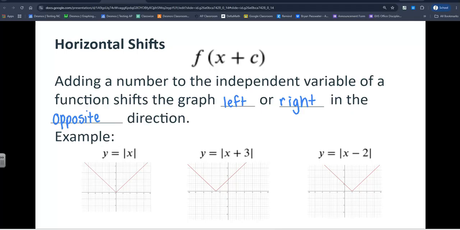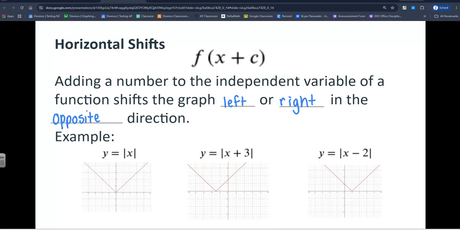So I always tell students, anything on the inside of the parentheses is backwards, okay? Or in this case, on the inside of the absolute value bars. Those are acting like your parentheses here. So with up or down, it acted like you thought it should, right? +2 moved it up 2. -1 moved it down 1. When you're on the inside of the bars, everything is flipped upside down. You're going to go left or right, but you go the opposite direction.